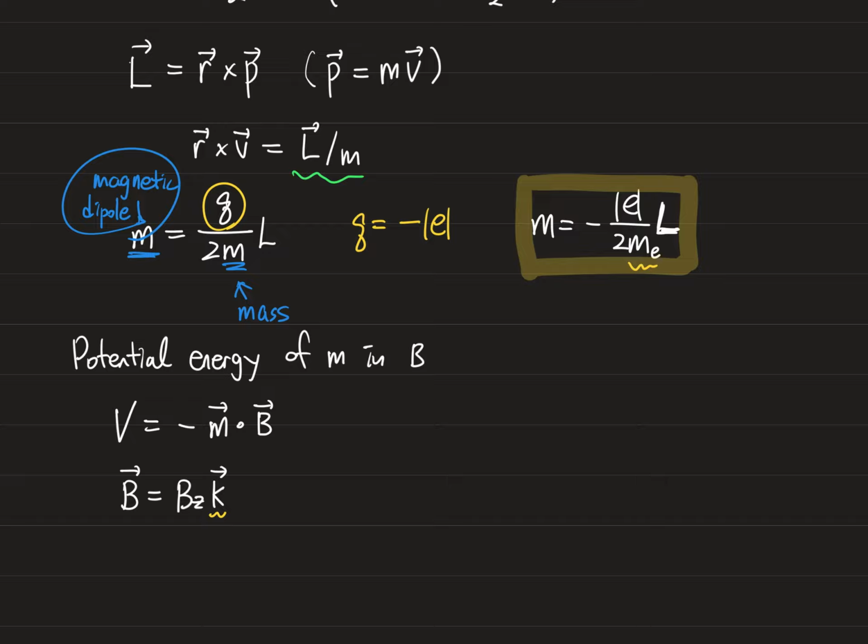So if you want to calculate the inner product of magnetic dipole M and the external magnetic field, then it is just the z component of the magnetic dipole multiplied by the z component of the external magnetic field, because we don't have any i vector and j vector here. So i and j are the unit vectors for the x and y axes.